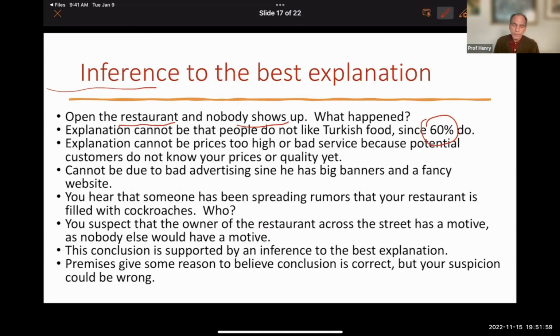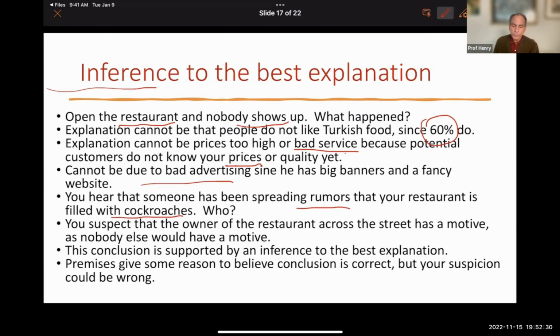It cannot be that prices are too high or bad service, because the customers don't know my prices or quality yet. I'm thinking about all the causes. It can't be due to bad advertising, because I have a fancy website, big banners. Now, he hears that someone has been spreading rumors that the restaurant is filled with cockroaches. Who? You suspect the owner across the street has a motive, as nobody else would have a motive.